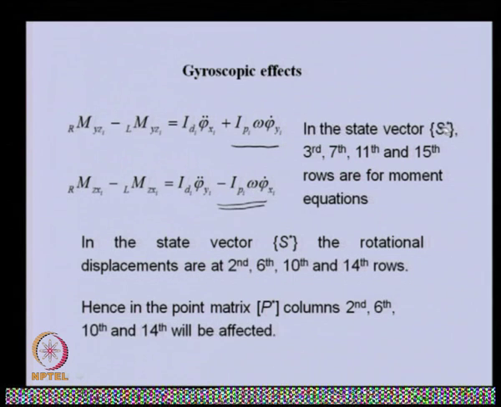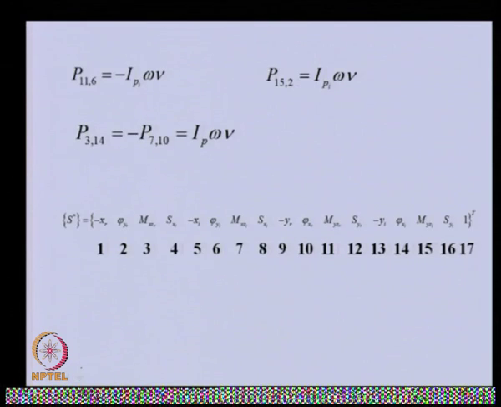In the previous lecture I explained how we should stack the state vector if we are considering damping or the gyroscopic couple, and I mentioned that the state vector will have a size of 17 into 1. So let us see how the state vector will be represented in this particular case.